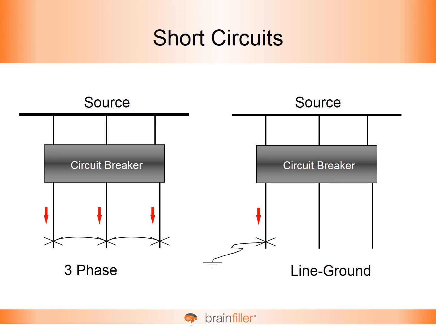And so even though an arc flash may begin on one phase, that conducting plasma could make contact with a second phase, become larger, and then make contact with a third phase and escalate to a three-phase arc flash. Now, we really can't tell whether or not a single-phase arc flash would escalate to three-phase or not. So being conservative, thinking worst case, the assumption is made that everything is going to escalate to three-phase.